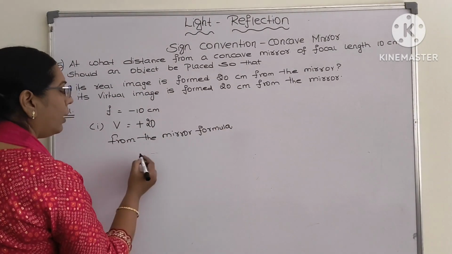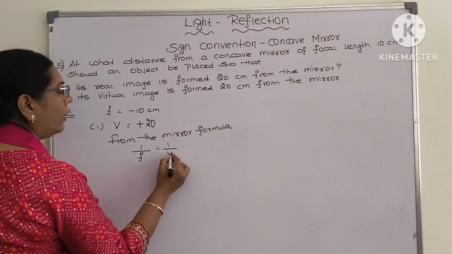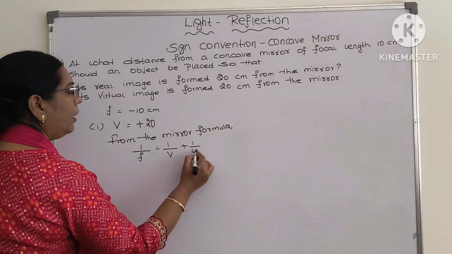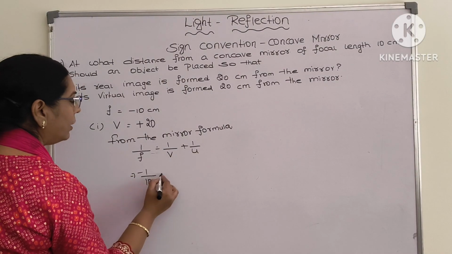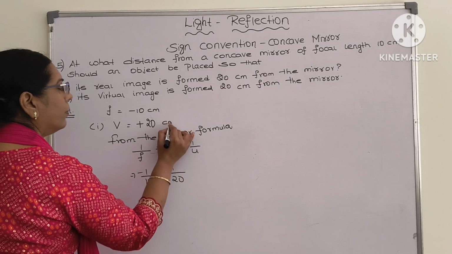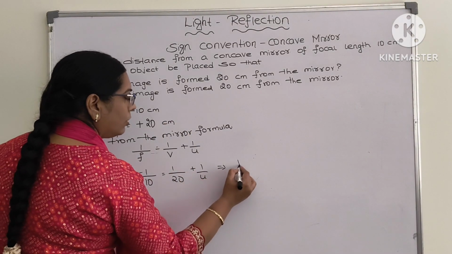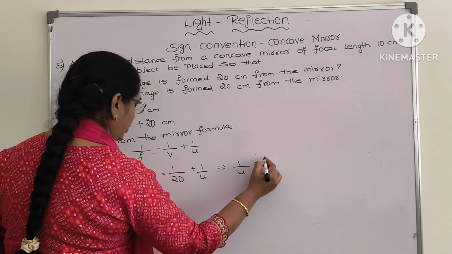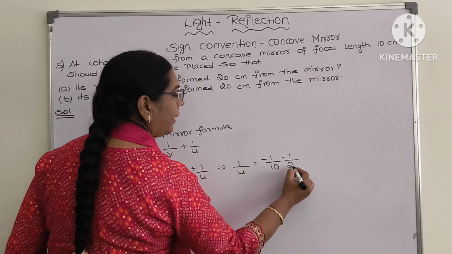From the mirror formula, we know 1 by f is equal to 1 by v plus 1 by u, which implies minus 1 by 10 is equal to 1 by 20 plus 1 by u. So for 1 by u, do the transposition: minus 1 by 10 minus 1 by 20.